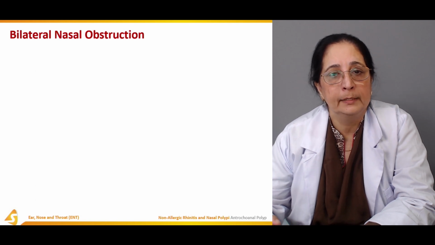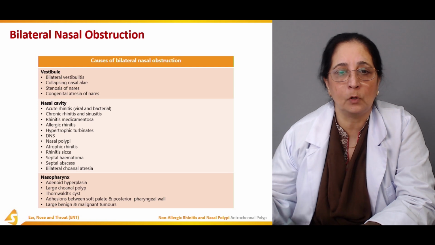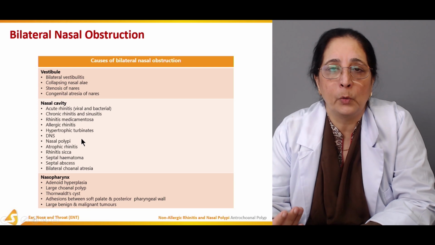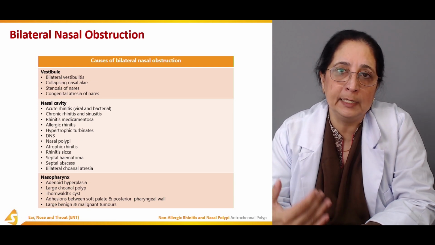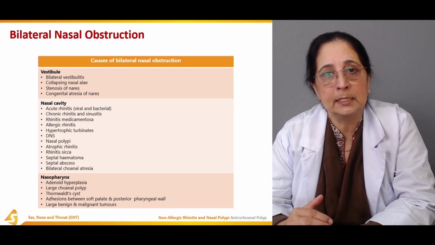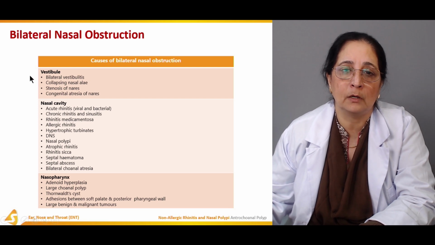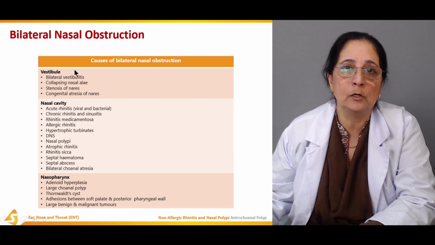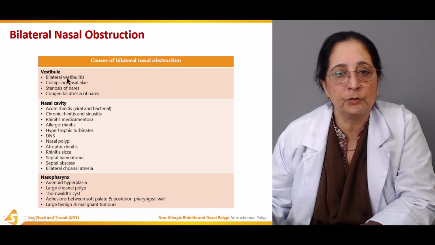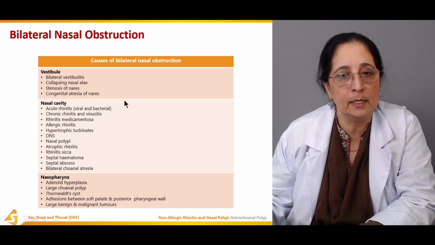Then bilateral nasal obstruction. Even though antrochoanal polyp is usually unilateral and bilateral polyps are very rare, we should know the causes of bilateral nasal obstruction as differentiating points. Bilateral vestibulitis, collapsing nasal alae, stenosis of the nares, congenital atresia of the nares.